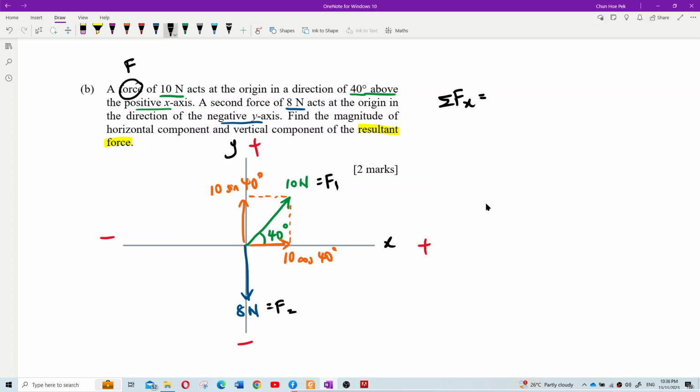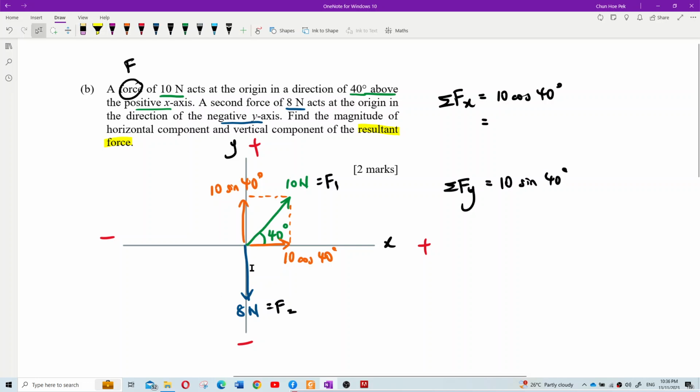Okay, you want the magnitude of x component. So there will be the 10 cos 40 only, cos 40, and then the y component is 10 sine 40, and then 8 Newton is downward, so it's negative 8.